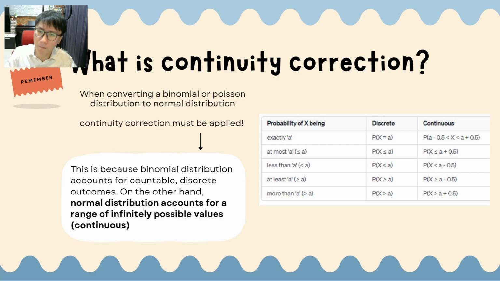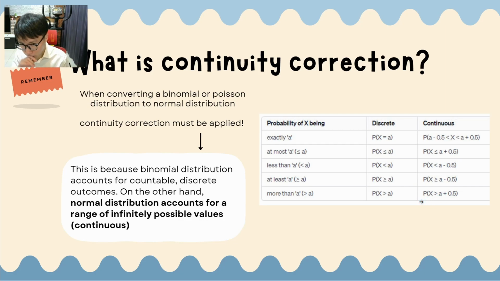So let's see here, if the probability of it is a in discrete form, we give it a range minus 0.5 and plus 0.5. If it's less than or equal to a, we add 0.5. But if it's less than a only, without equal to, we subtract 0.5. If it's more than or equal to a, we subtract 0.5. But if it's more than a without equal to, we add 0.5.